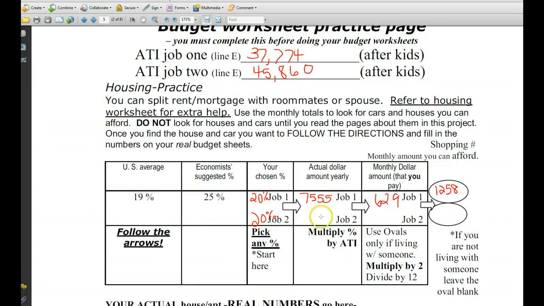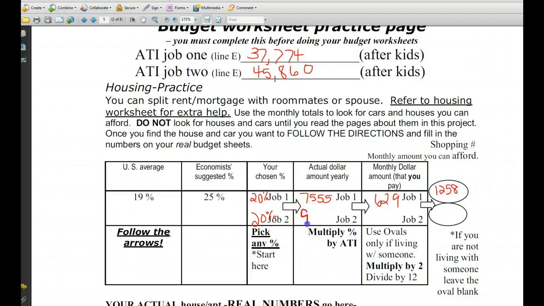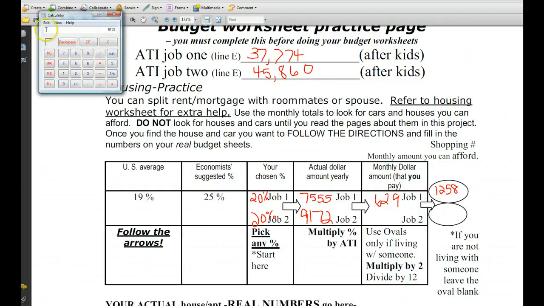All right, so now I want to do 20% of my second job. So I will put in 45860 times 0.2 equals 9,172. I'm going to divide that by 12.